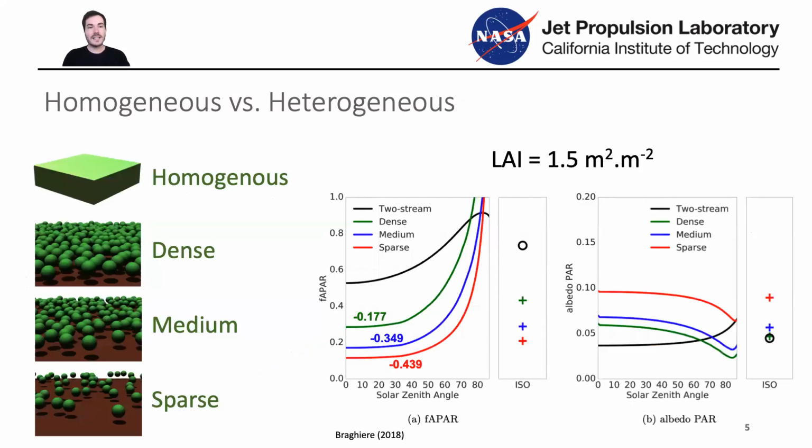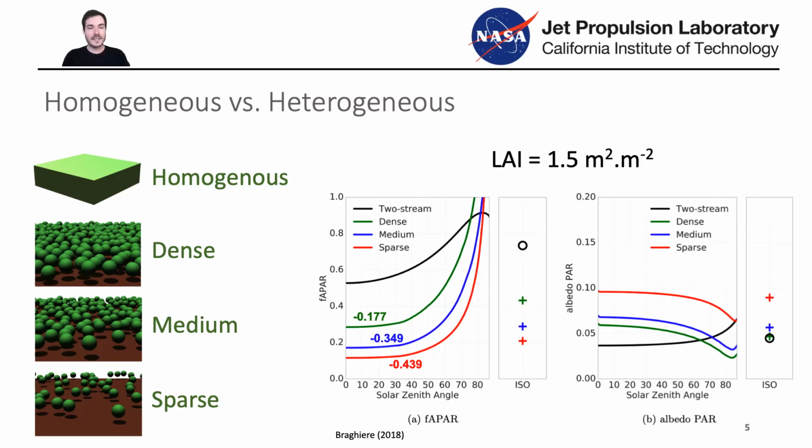Now, a simple exercise we can make to evaluate if the homogeneous case or the 1D canopy case is a good enough approximation, in terms of considering canopy structural differentiation in these canopies, is running 3D radiative transfer models.